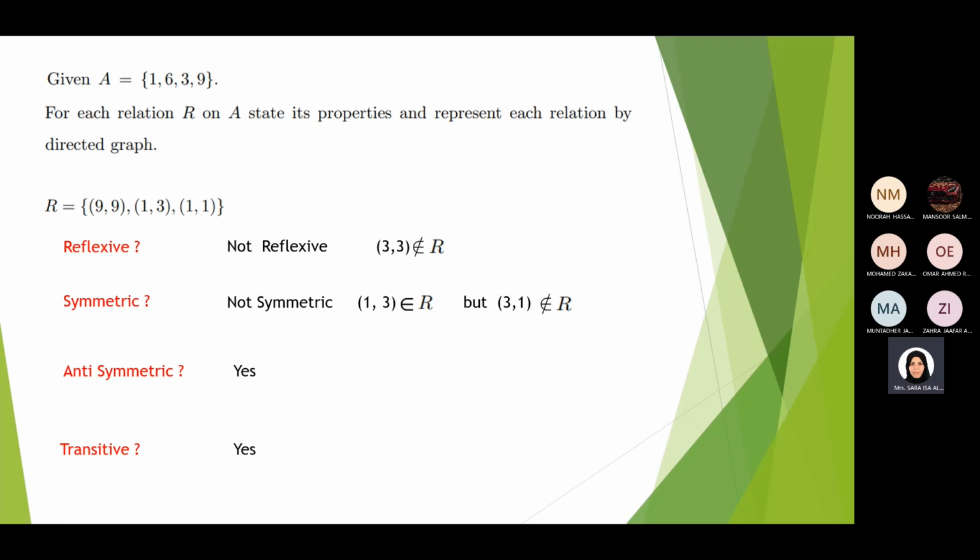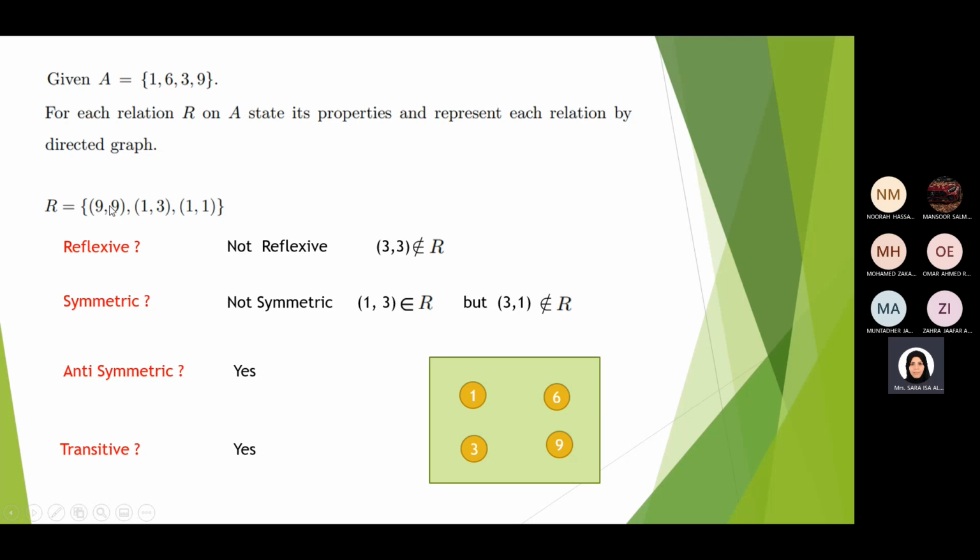Now we have to draw the directed graph. How to draw the directed graph? Usually we represent each element with a circle, which we call a state. So there should be 4 states because I have 4 elements in A: 1, 3, 6, and 9. How to represent the relation itself?